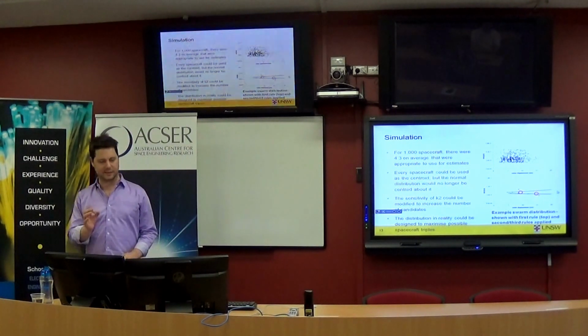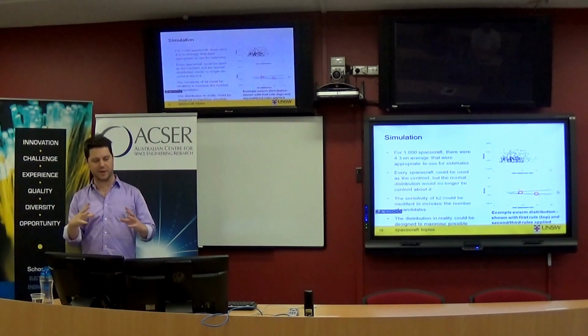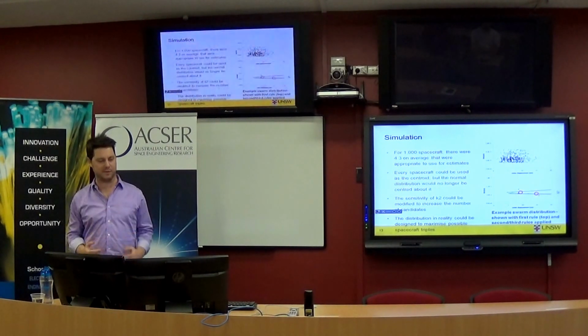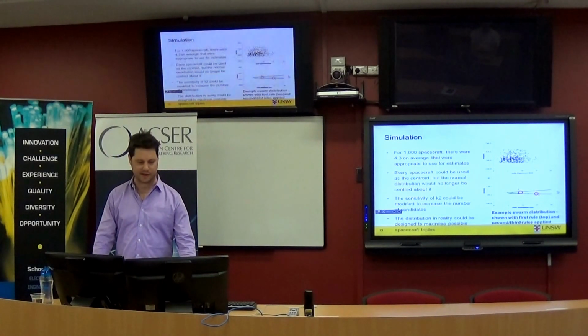Noting as well that in this simulation, I just used one of these spacecraft to make the measurements. So I could have picked any of the spacecraft that was simulated here to make the same measurements, but just for simplicity, I used one.